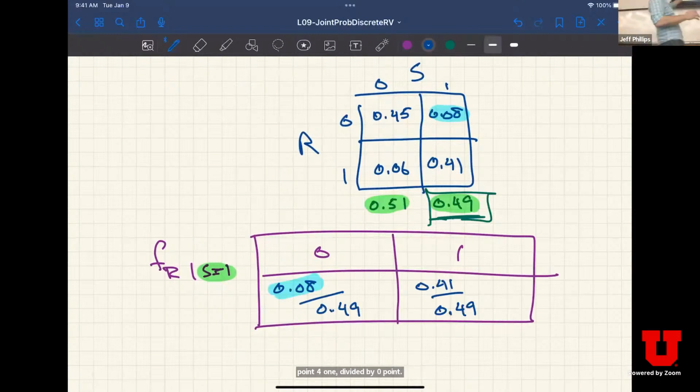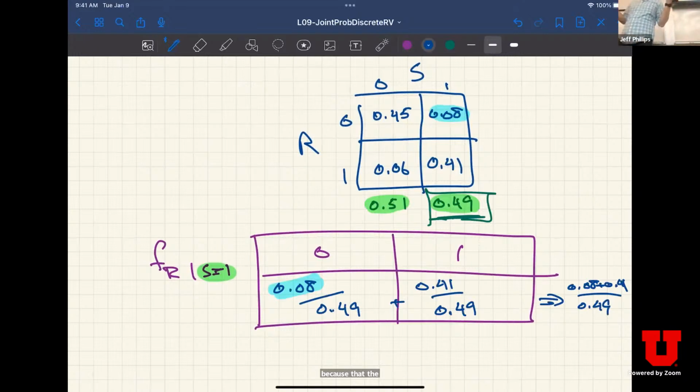So again, now it's a regular probability density function over one discrete random variable, but it's conditioned on S equals 1. If I add these two up, I get 0.08 plus 0.41 over 0.49. Because the denominator was a marginal probability, the sum of these is going to be exactly 1, right? So this will make sense.